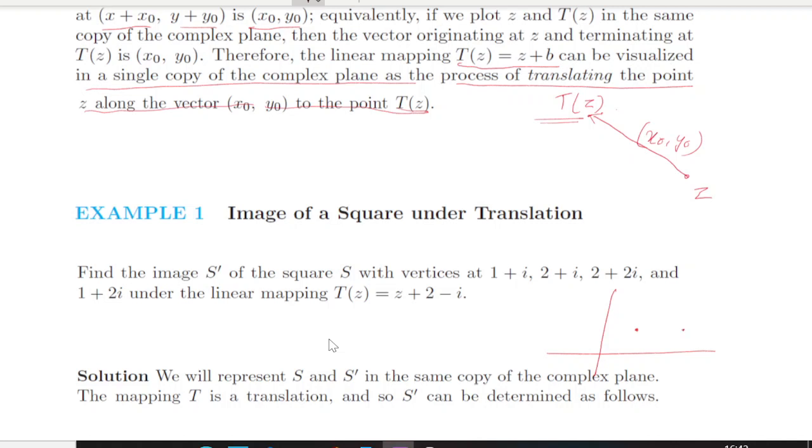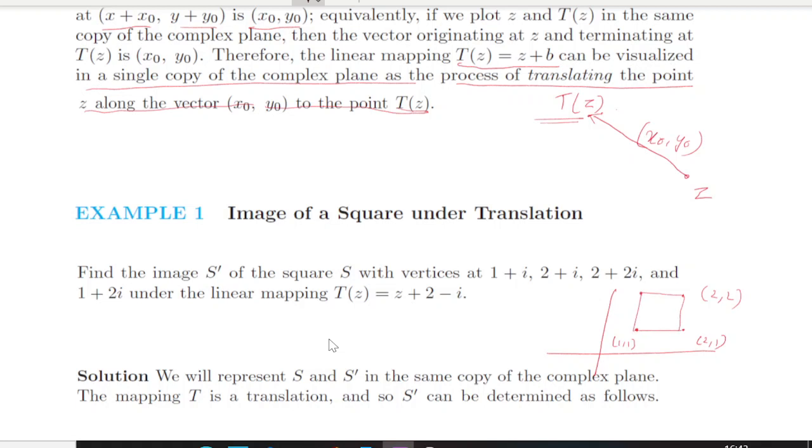Next is the point 2, 2, somewhere here. And the point 1, 2 will come somewhere here. So this is the square.